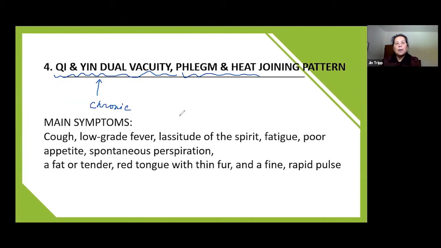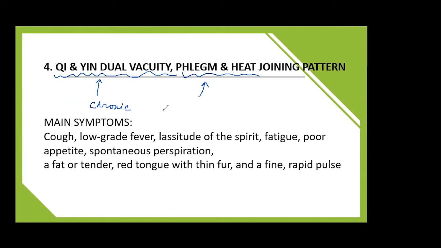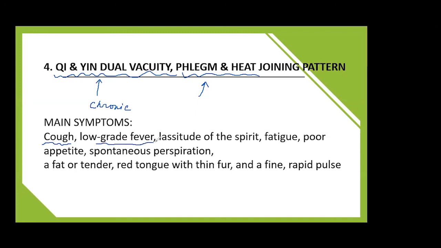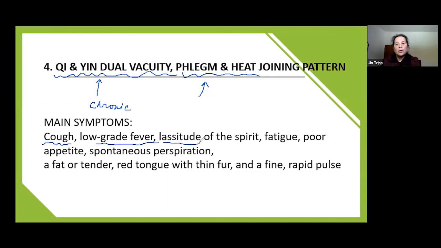Then got pathogen invading, going to the lung and generating some heat and phlegm. So patients still cough with phlegm. And the general pattern symptoms are low fever, generally lassitude and generally weaker.